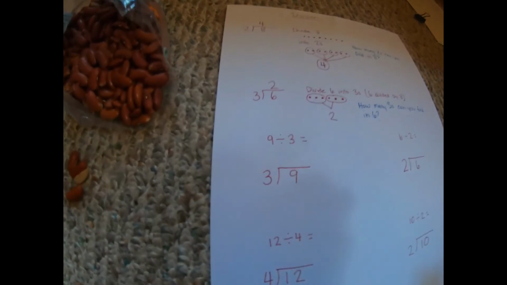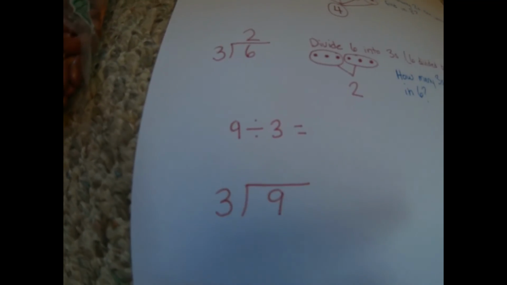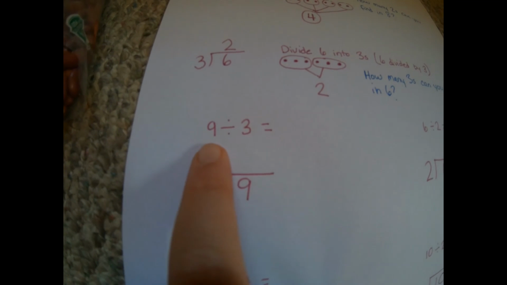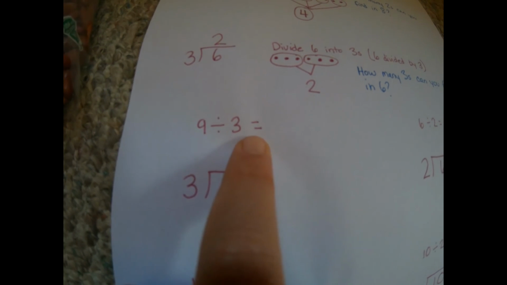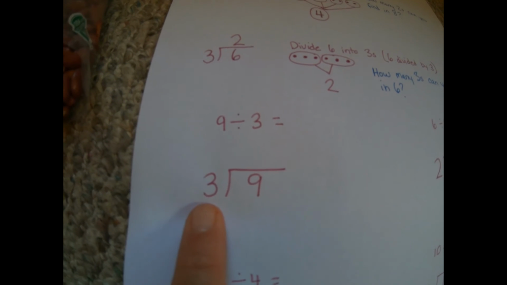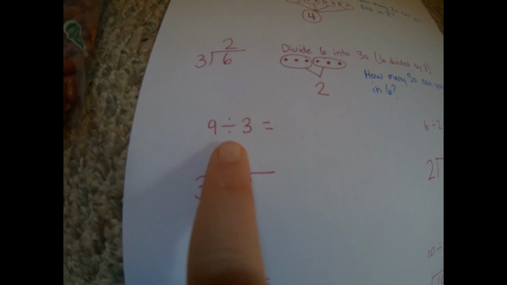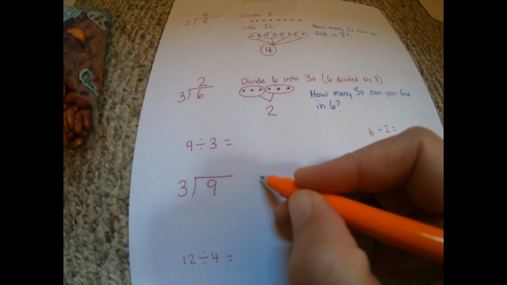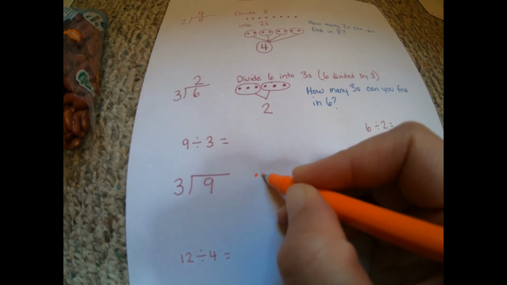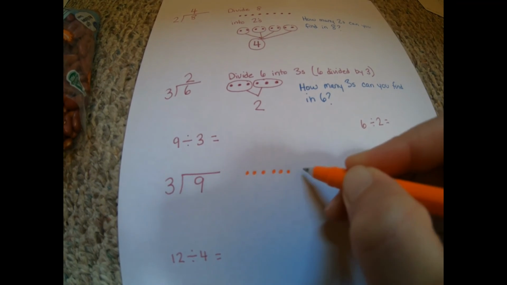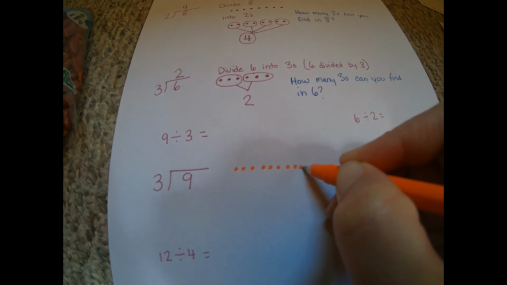Now remember, there are 2 different ways to write division. You can write it out like this, which is how we normally have been doing it. You can also use the division sign. This one is 9 divided by 3. Let's do it: 1, 2, 3, 4, 5, 6, 7, 8, 9.